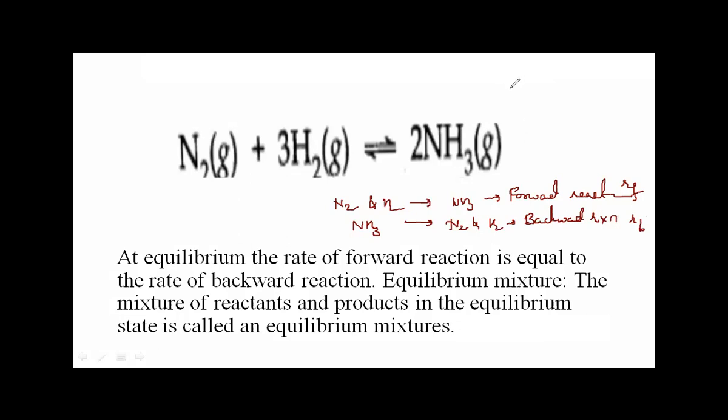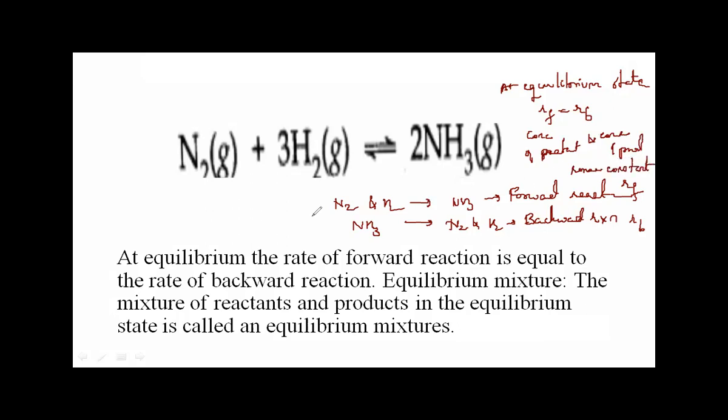At the equilibrium state, the rate of forward reaction will be equal to the rate of backward reaction, or the concentration of reactants and the concentration of products remain constant.